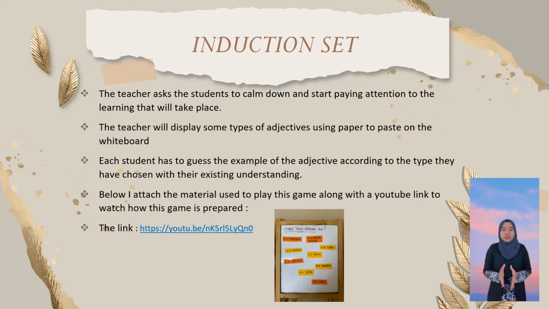The next step, each student has to guess the example of the adjective according to the type they have chosen with their existing understanding. So, below, I attach the material link to watch how this game is prepared. So, please click the link to watching how this game works in the classroom during induction step.